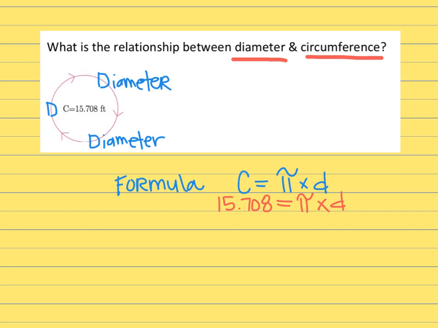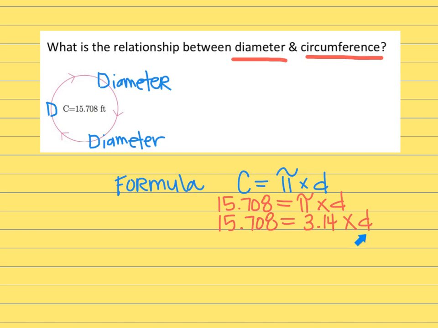I do know that always pi, does anybody remember how much that is if you're in my class? Hopefully you just said 3.14. So that's another number that I can fill in. 15.708 is equal to 3.14 times diameter.